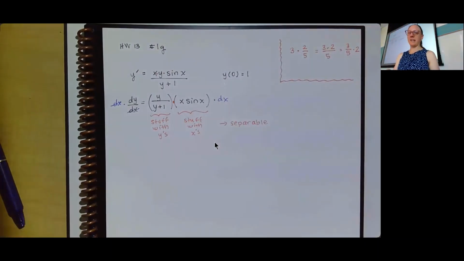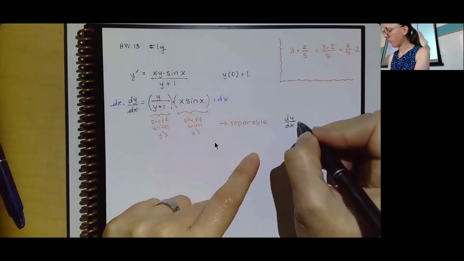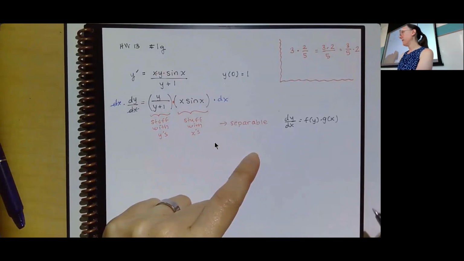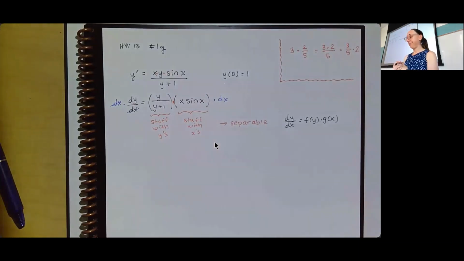The book writes this as something like separable differential equations can be written as f of y times g of x. So I've regrouped it. I've got stuff with y's times stuff with x's. I know it's separable, and now I can separate and get things on each side.